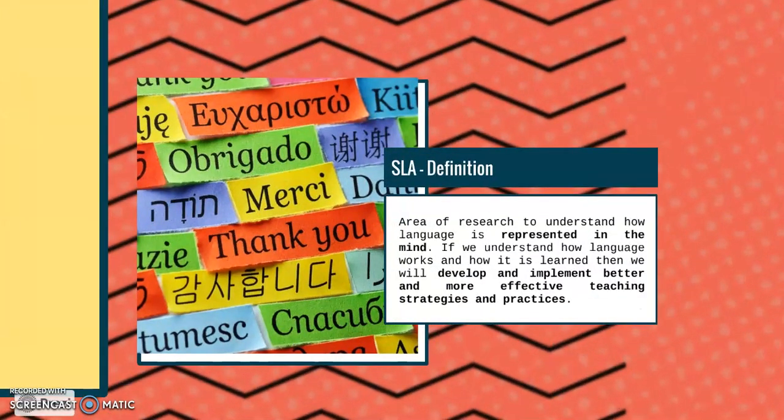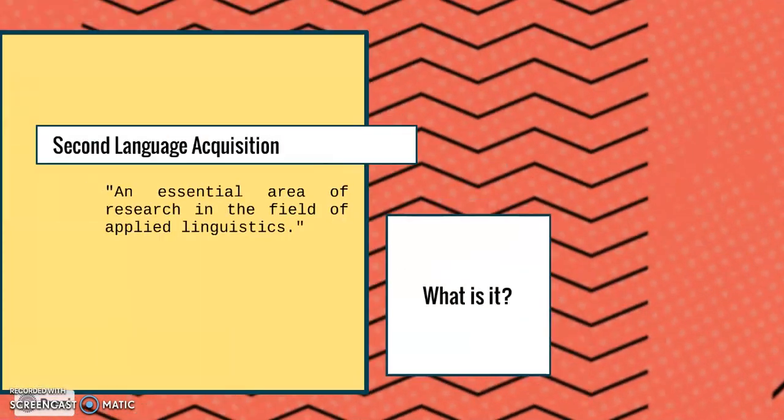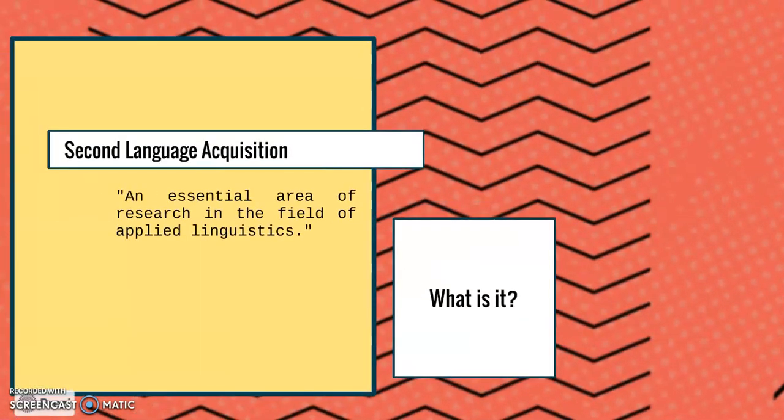Second language acquisition is a process by which a speaker of one language strives to learn another for communicative purposes with people from other countries, for a job, etc. This area of research is about understanding how language is represented in the mind. If we understand how language works and how it is learned, then we will develop and implement better and more effective teaching strategies and practices.